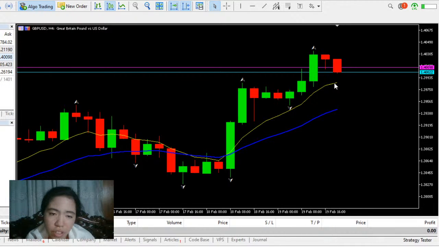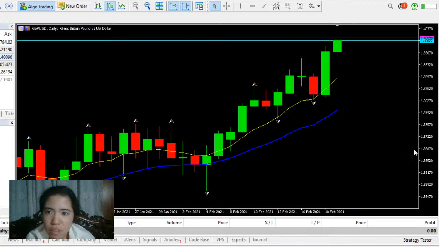So I can enter here. If I'm gonna enter GBP/USD, I'm gonna look for it in the H4. But if I find other better looking trades, I would probably skip this.